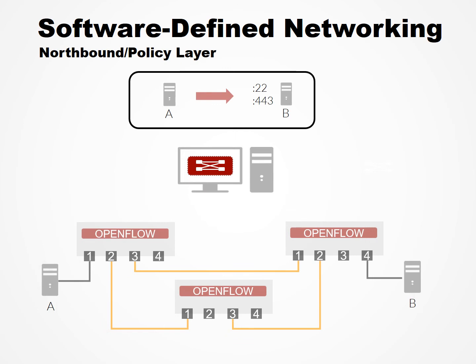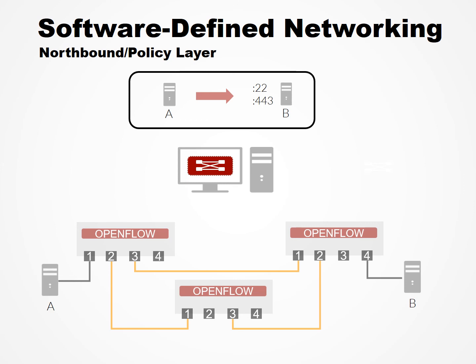And finally, one thing to mention about SDN is the northbound layer, also referred to as the policy layer, and that's when you define on a high level or in a policy fashion what you want to do in the network.